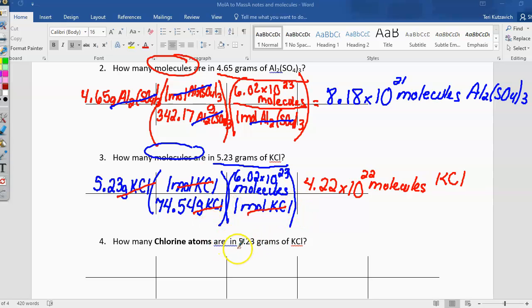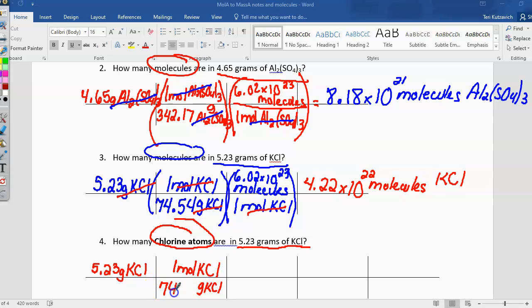This next one, you're given the same amount of KCl, but you're looking for chlorine atoms. If you guys got this one, you guys are awesome. So we have 5.23 grams of KCl. When you're given grams, there is only one step to do, and that's grams of KCl on the bottom, 1 mole of KCl on top.